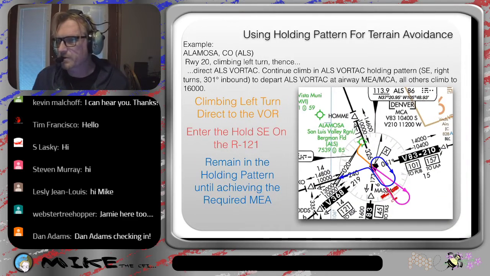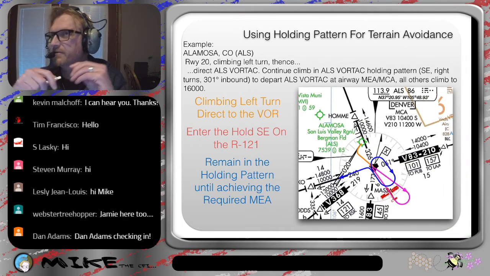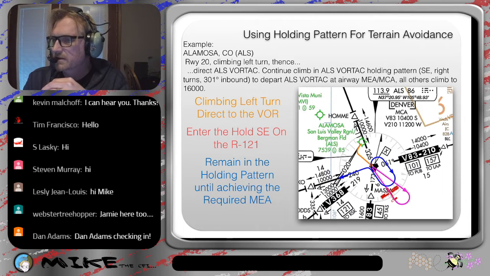Here's an example of using a holding pattern for terrain avoidance. So in this departure procedure, using runway 20, it says you're going to do a climbing left turn and thence, meaning you're going to follow these instructions.